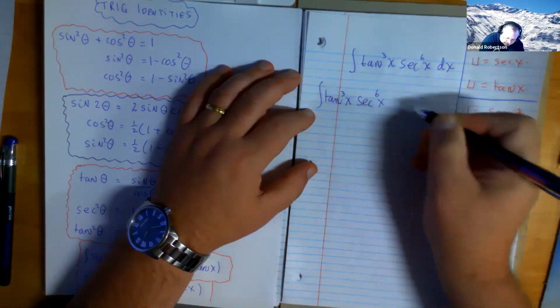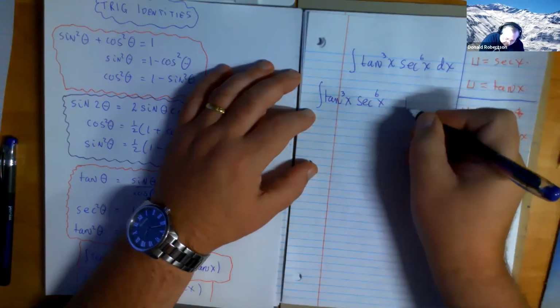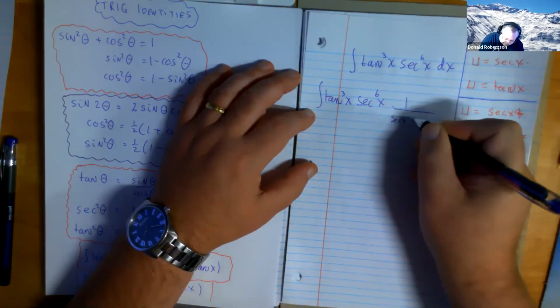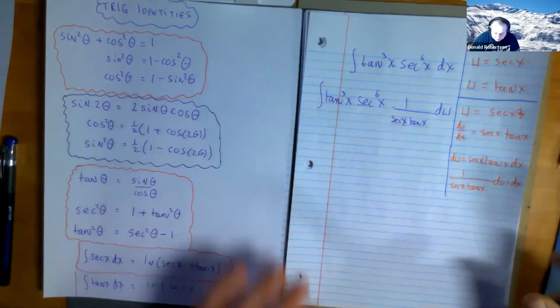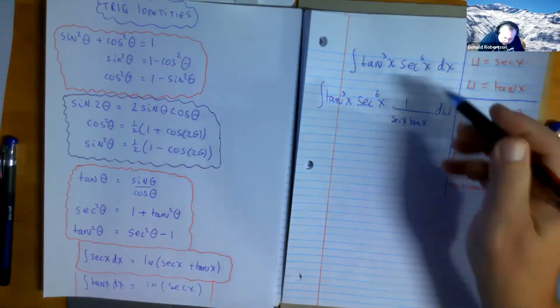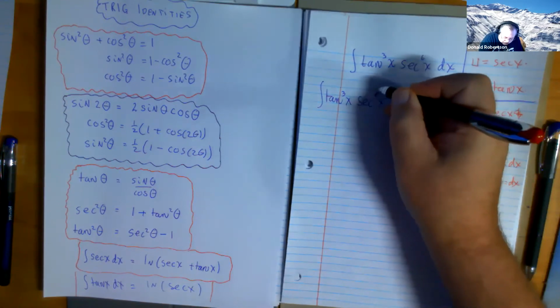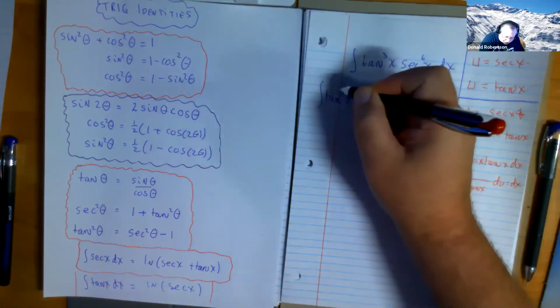There's a secant 6. Instead of the dx, I get this guy. What we got out of this was one of these secants gets killed off and one of these tangents gets killed off.